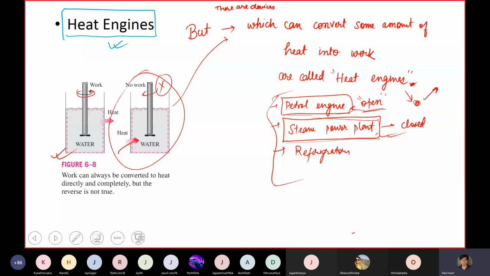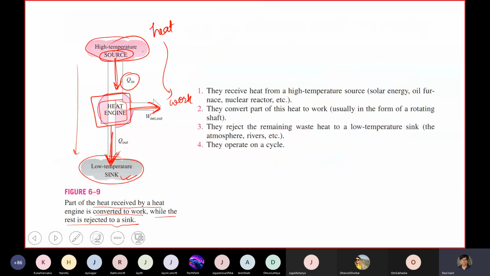but in some clever way we can actually make work out of it. There are four characteristics of heat engines. They receive heat from a higher temperature source, and they convert part of the heat to work, not totally, not 100%.